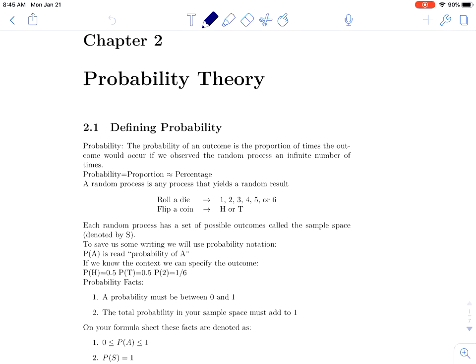The set of possible outcomes is the sample space, which I have on here already. So a set of possible outcomes is the sample space, denoted by S.